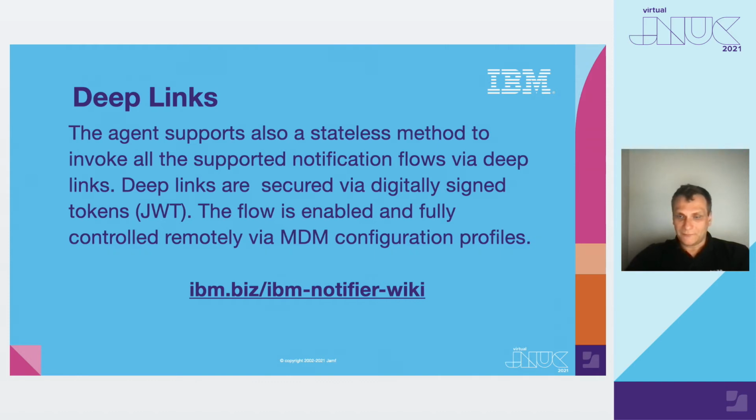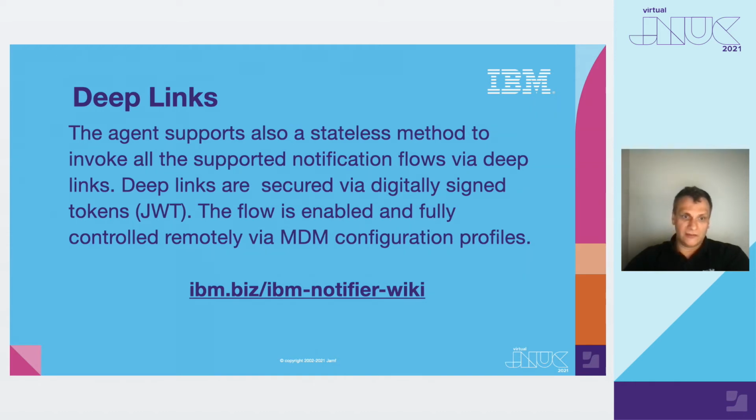Thank you, Simone. So as we saw, all the options are triggered via command line. There is one more option to invoke all the workflows, and we call it Deeplinks. Deeplinks are basically a stateless method to invoke all of the supported notification flows, but instead of invoking a notification agent binary, we use a custom URL scheme.